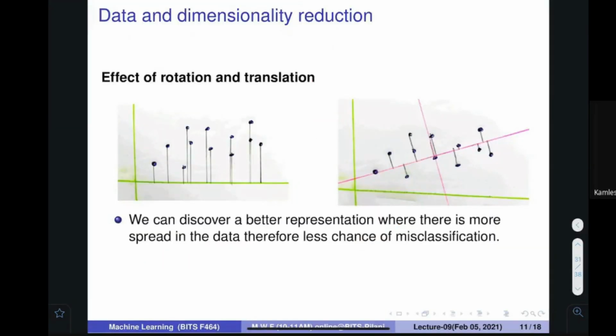The effect of PCA is this: initially let's assume these were the data points given to you, and you can see what their variance is. PCA transforms the data in such a way that you can see the data is actually rotated.